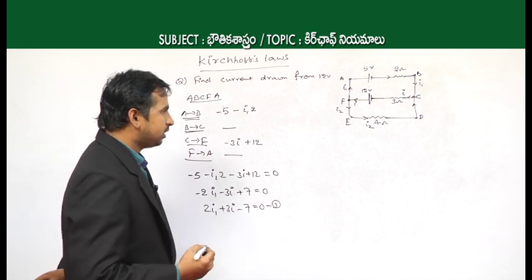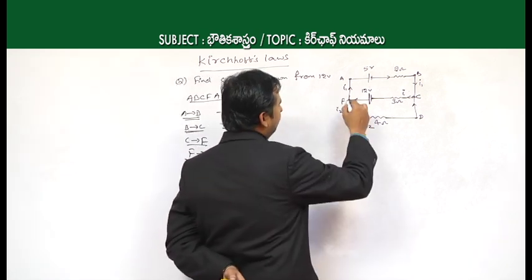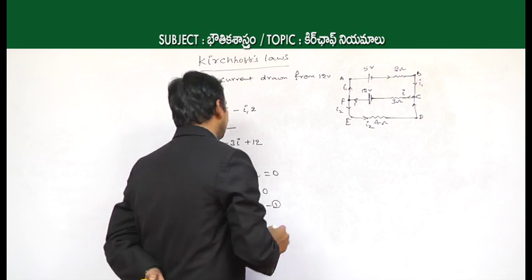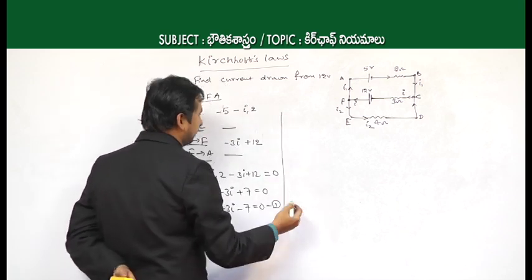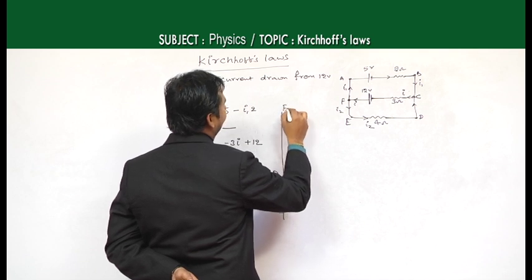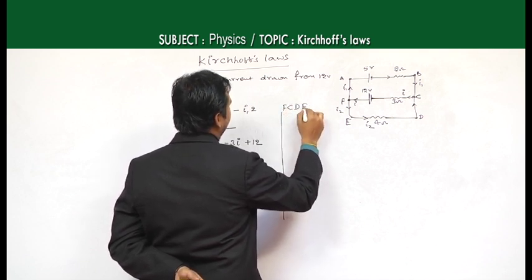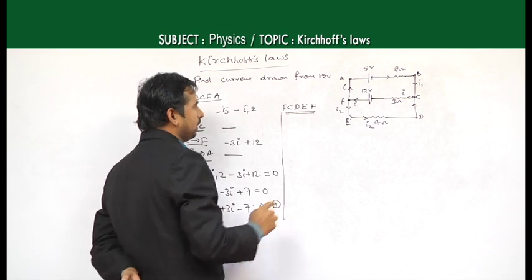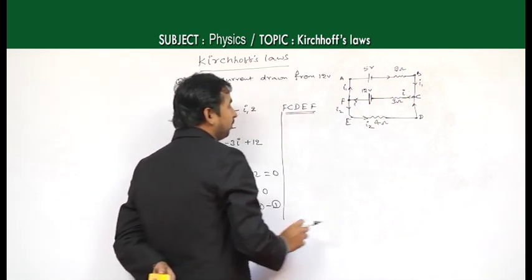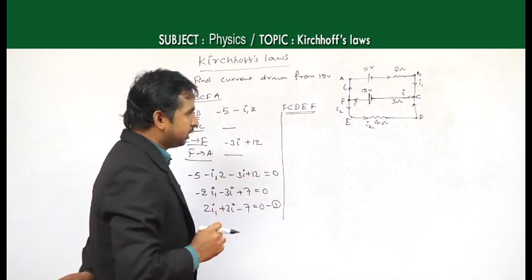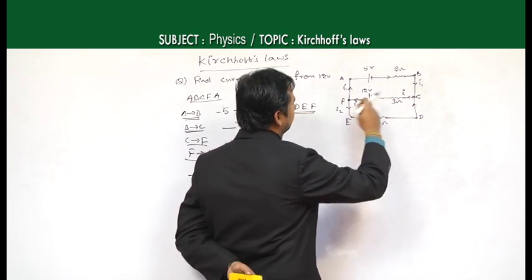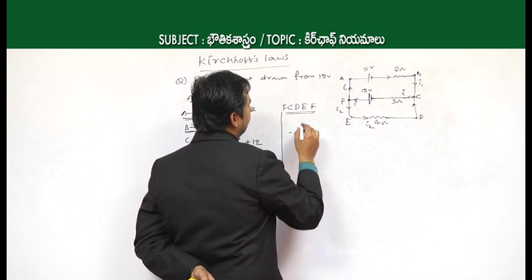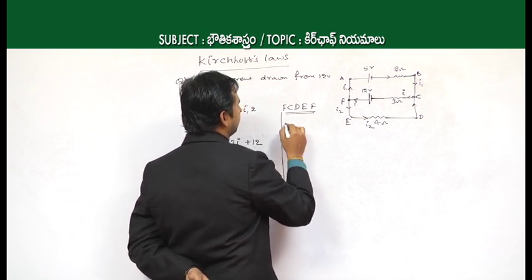Now come to the second case, which is the second loop. Taking the second closed circuit, starting from F, C, D, E, and coming back to F. Then while going from F to C, we are going from high potential region to low potential region, and the current passing in that line is I. As we are going from positive to negative, it becomes minus, which is minus 12 for the case of FC.